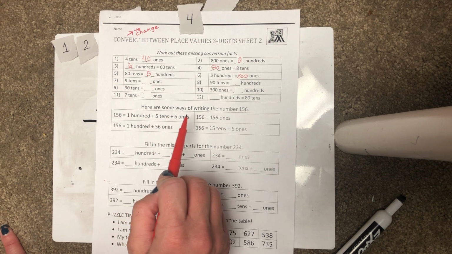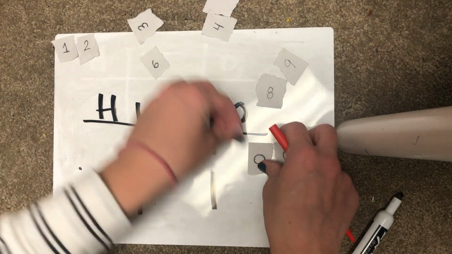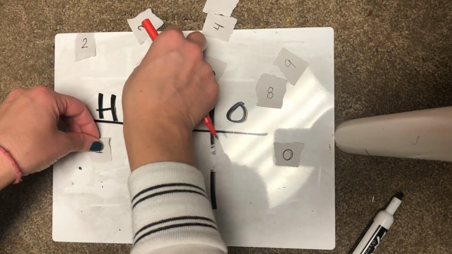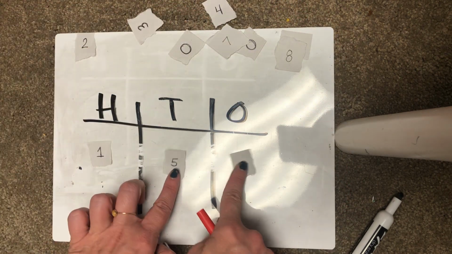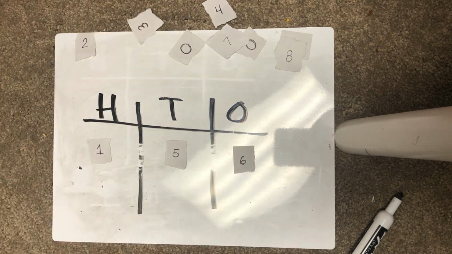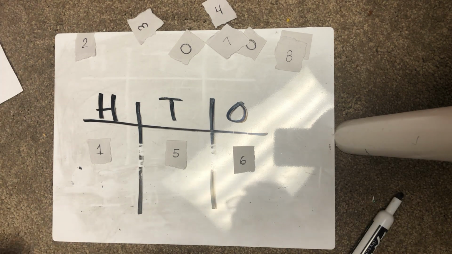It says, here are some ways of writing the number 156. Let's make the number 156 on here. So this is one way of making 156.